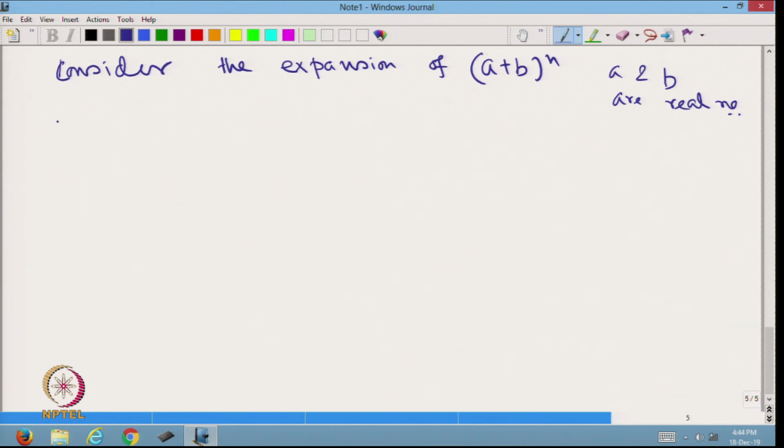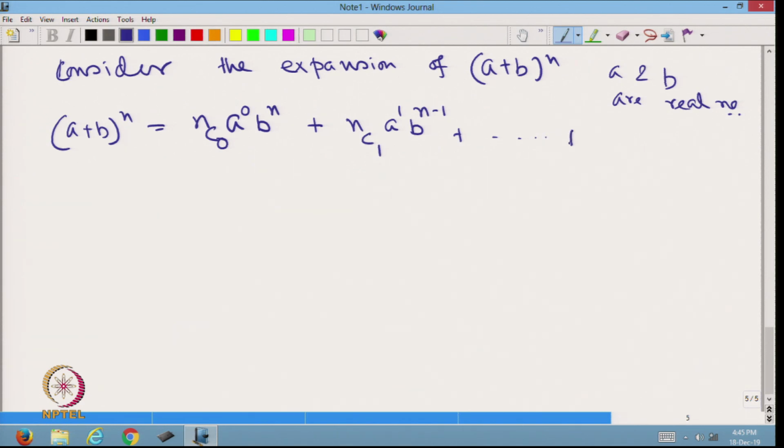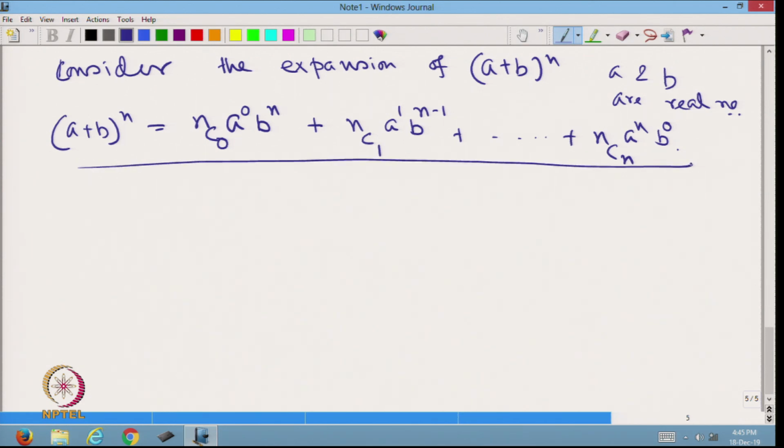We know that (a plus b) to the power n is equal to n c 0 a to the power 0 b to the power n plus n c 1 a to the power 1 b to the power n minus 1 plus up to n c n a to the power n b to the power 0. All of us have seen such a binomial expansion.